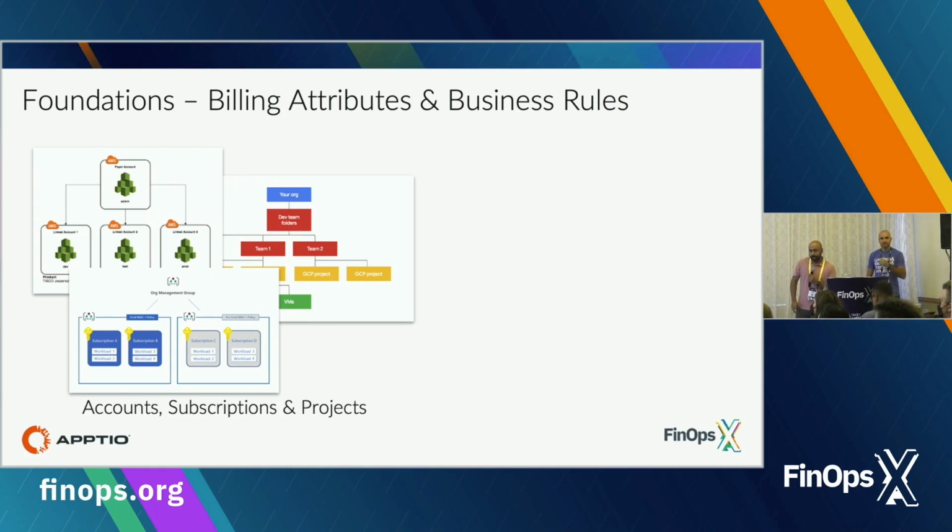The first and most important attribute is the construct the cloud vendors use to host the cloud resources. If I pick on some of the popular vendors like AWS, Azure, or GCP, it's going to be member accounts for AWS, subscriptions for Azure, and projects for GCP. Though not offering very granular grouping, they do have their own benefits.